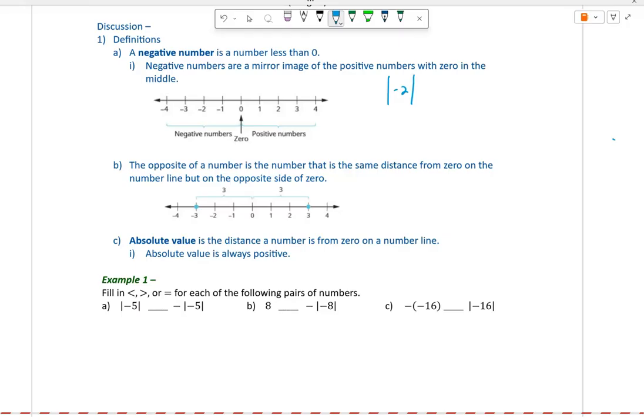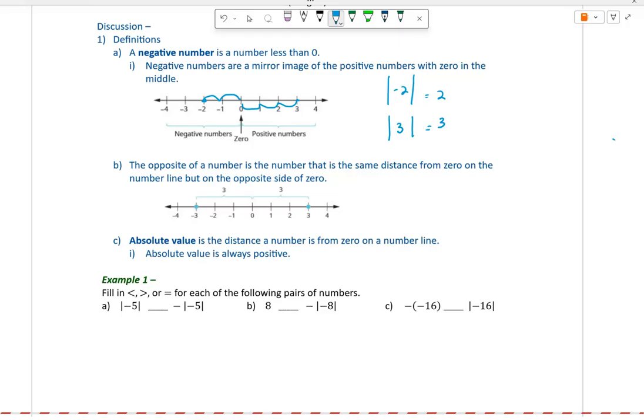And so what that says is I'm going to go over here and look at negative 2. I'm going to say, well, that's 1, 2 spaces from 0. So my absolute value of that has to be positive because it's a distance. It's how far it is, right? Just for giggles, what is the absolute value of positive 3? 3, because if I go here, that's 1, 2, 3 from 0.